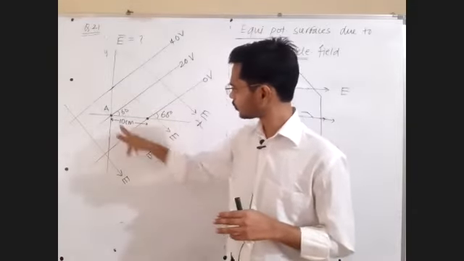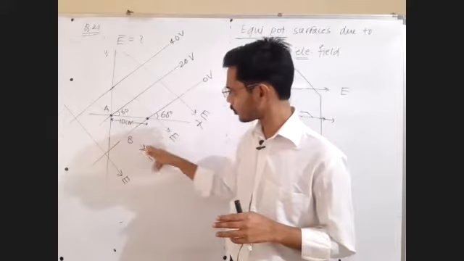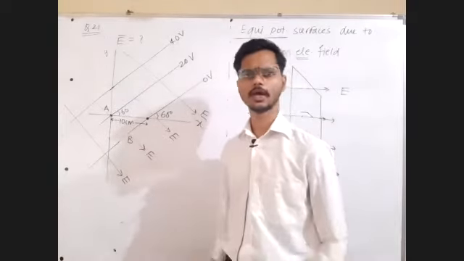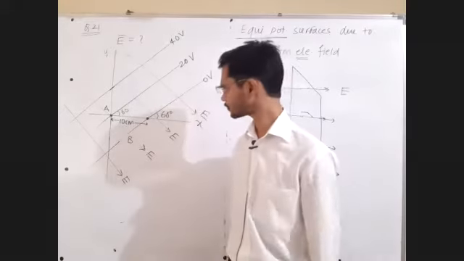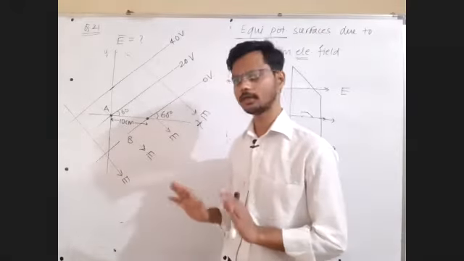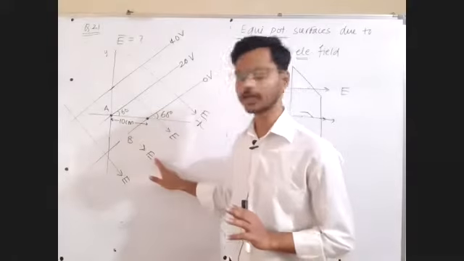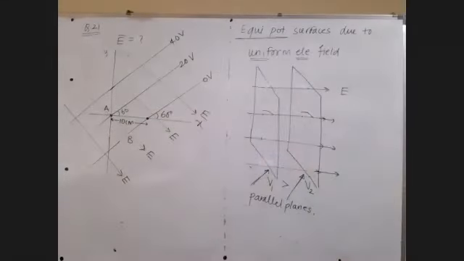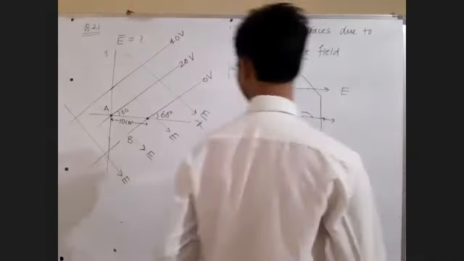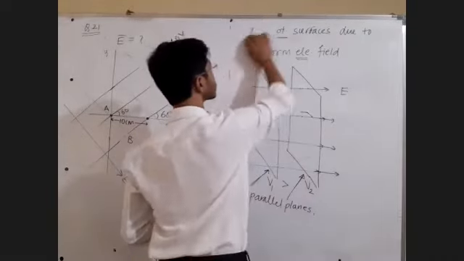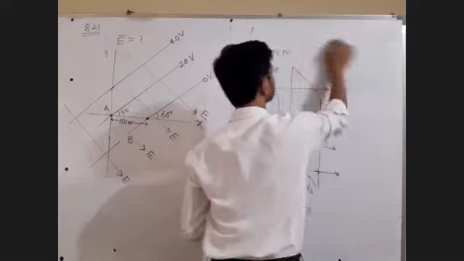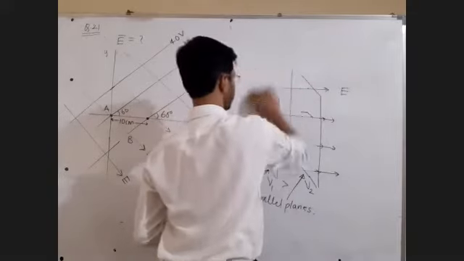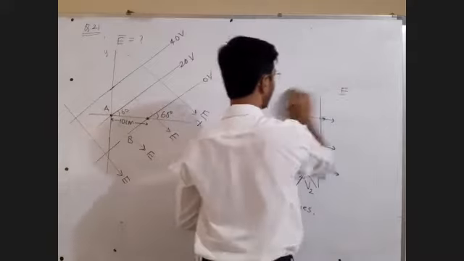First we will find the magnitude of the electric field separately, and then we will find the direction, that is the unit vector. Let us try to do this. For this question you are going to follow the method which we are going to discuss right now.